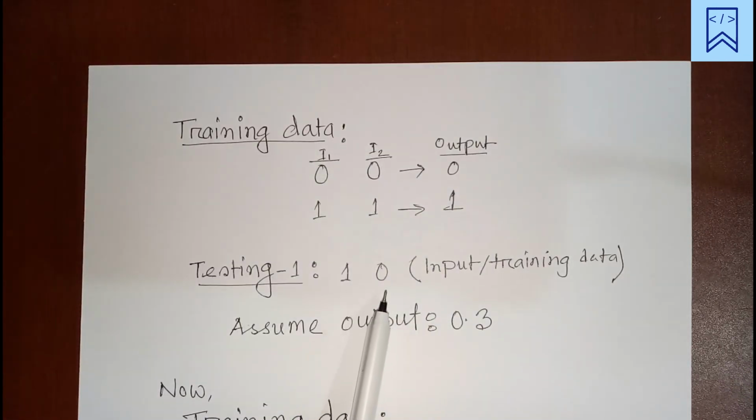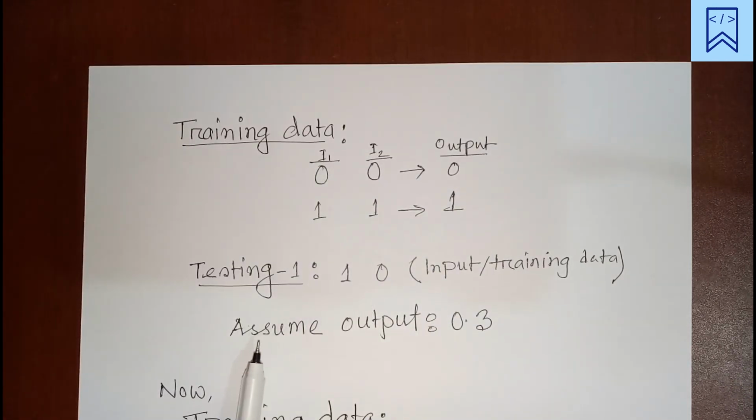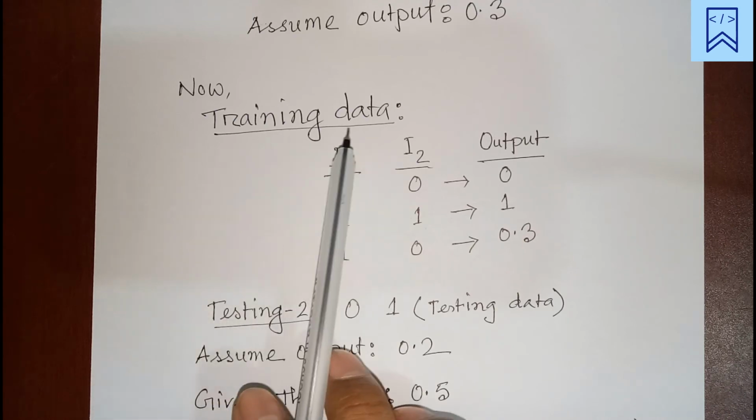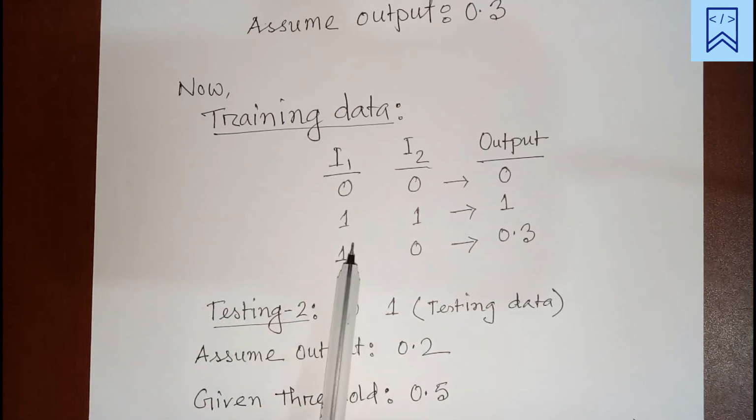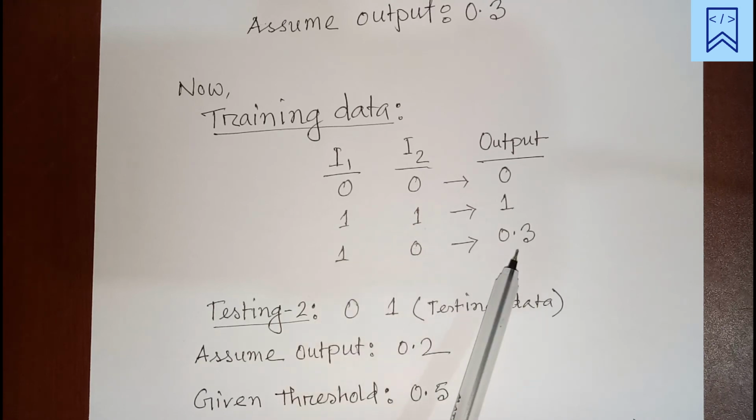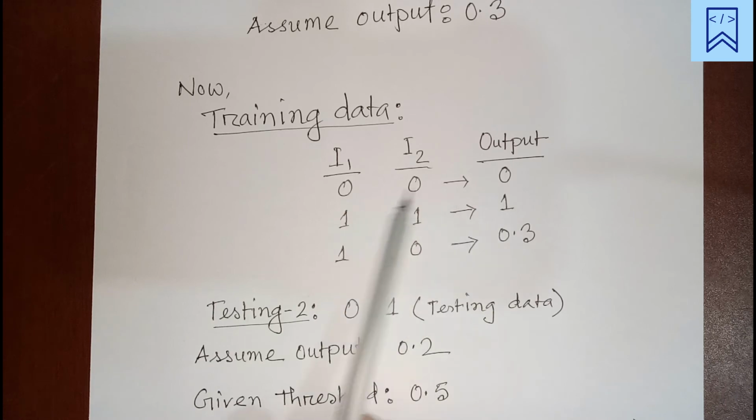So here is for 1 and 0. Let us assume the output is 0.3. Now our training data will be like this. The output data for 1 and 0 will be 0.3. So this will be used for second testing.